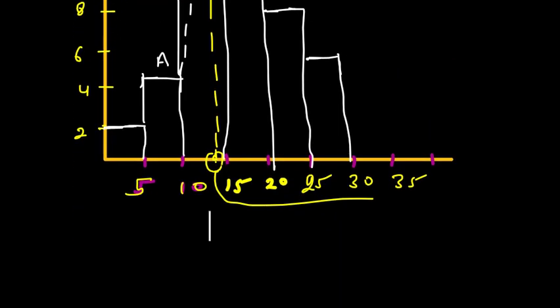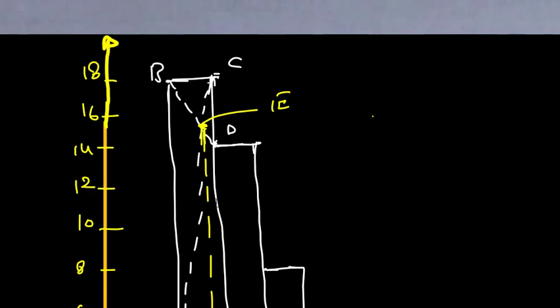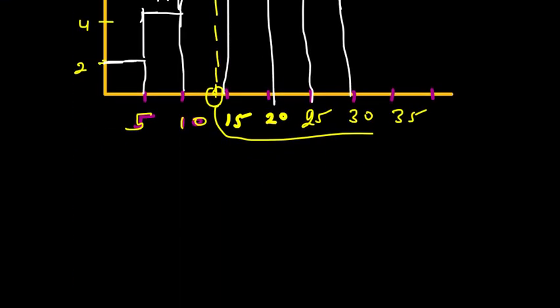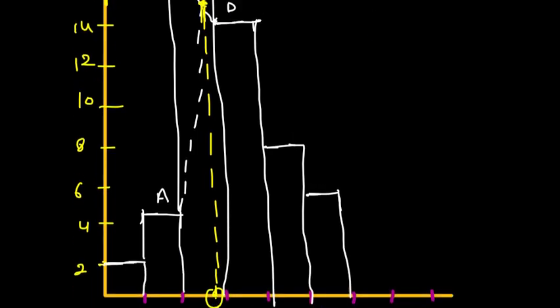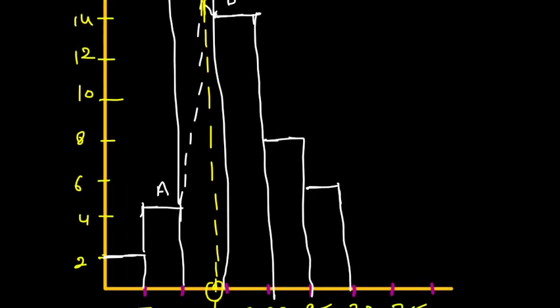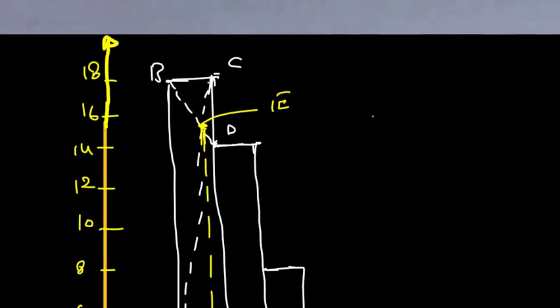Maybe somewhere 13 or 14, maybe I will say 14 will come as the mode in this case. So this value you have to calculate, and find what value you are getting, that is your mode. So you draw this on your graph paper and then send me the answer. In the comment box you can write what the answer is for question number 1.